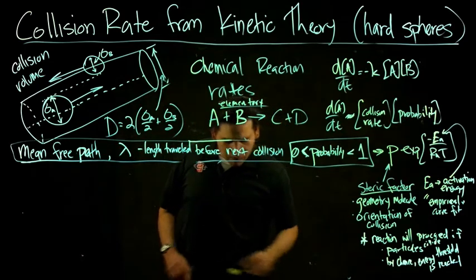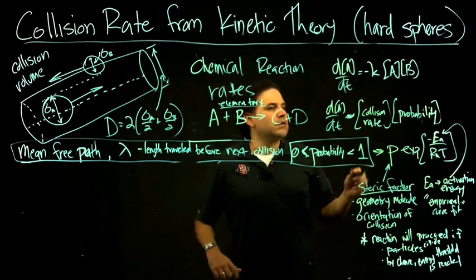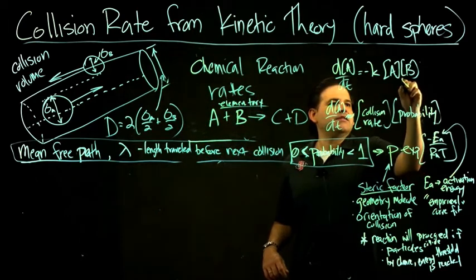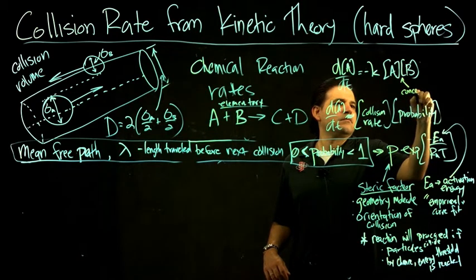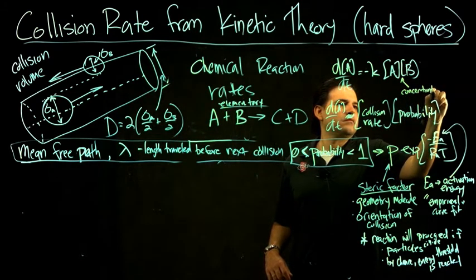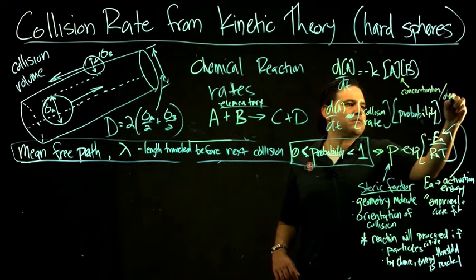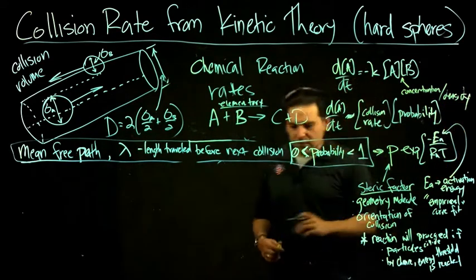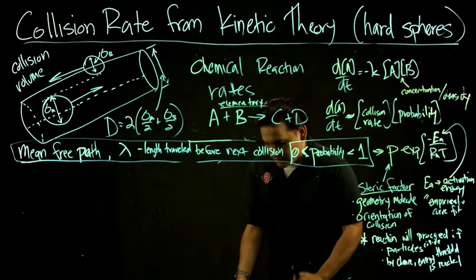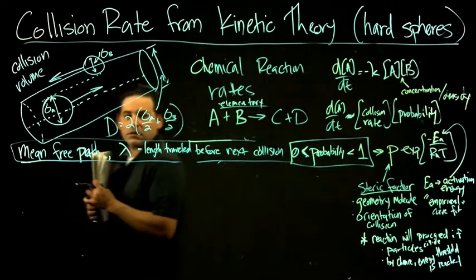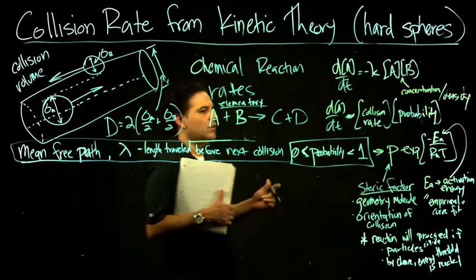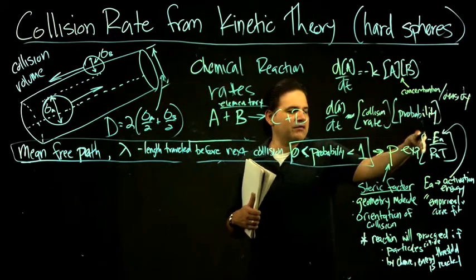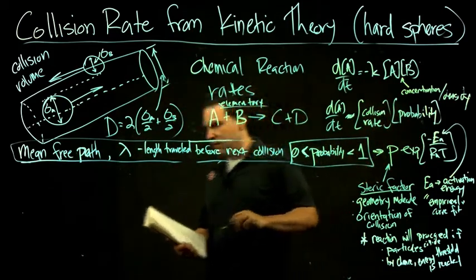This is related to number density, or molar density, I guess you can say. So what is this k? Well, this k is keeping track of all these other extra criteria.